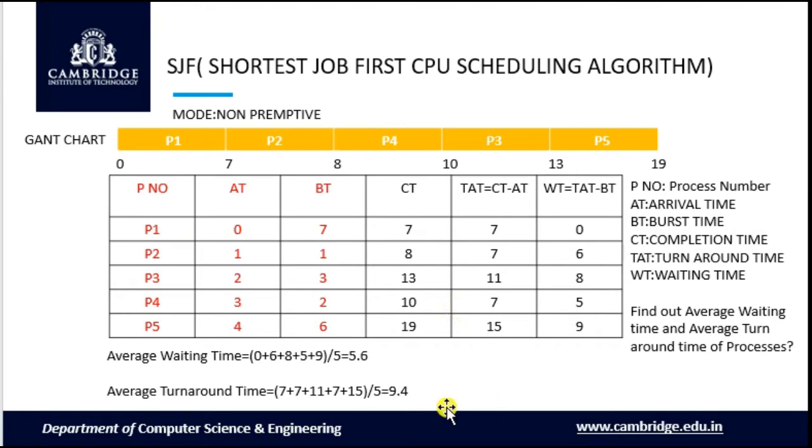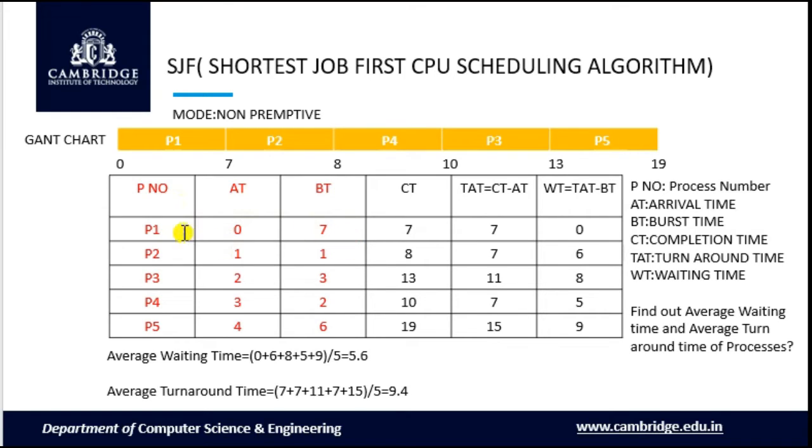In the first three columns of the table, the column headings are process number, arrival time and burst time, given in red color.